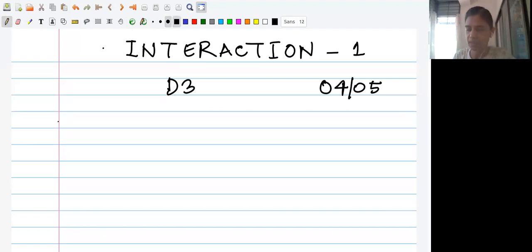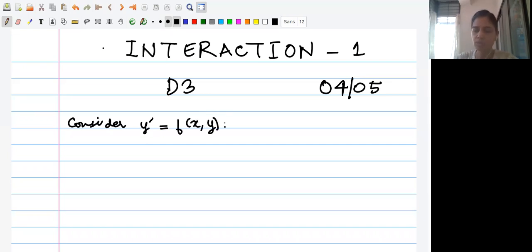So let's consider the first order differential equation given as follows. For the purposes of defining direction fields, we will simply assume that this first order differential equation has solutions, right?